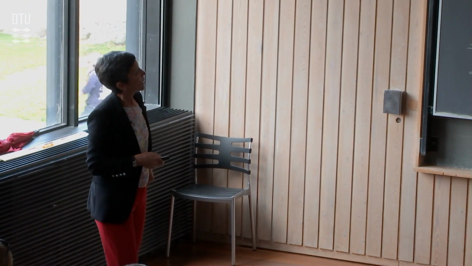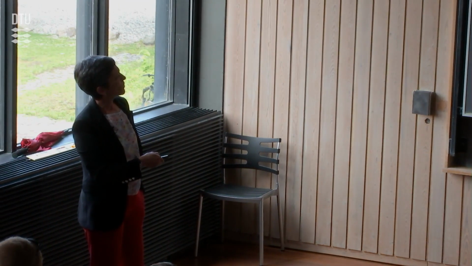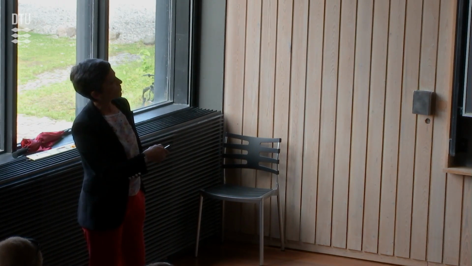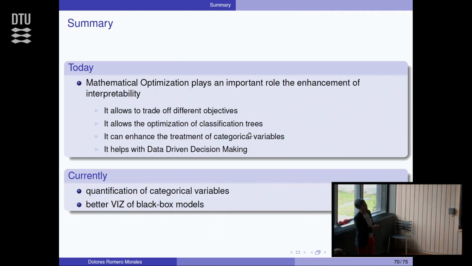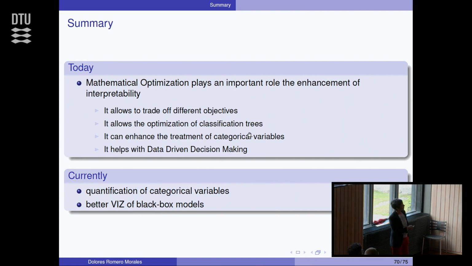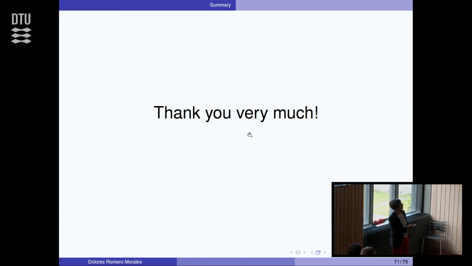So what we are doing at the moment, as I said, is working quite a bit on the quantification of categorical data, and we continue as usual working on the visualization of black box models.